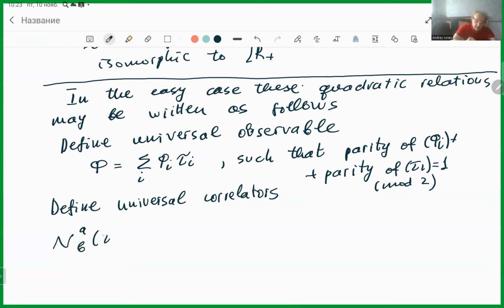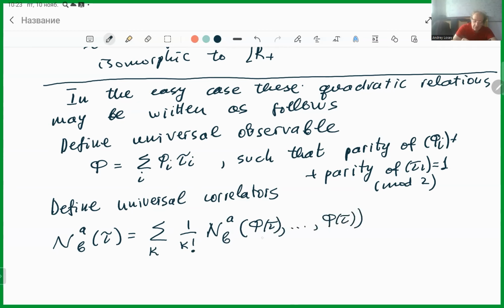NAB of tau is the sum over k of 1 over k factorial, NAB of phi of tau, phi of tau, k times.